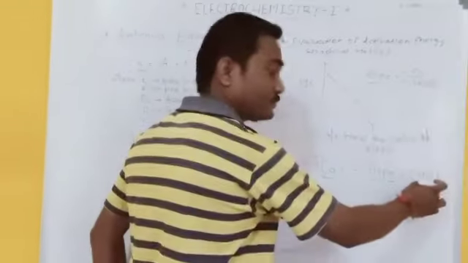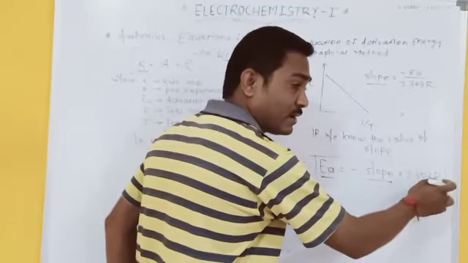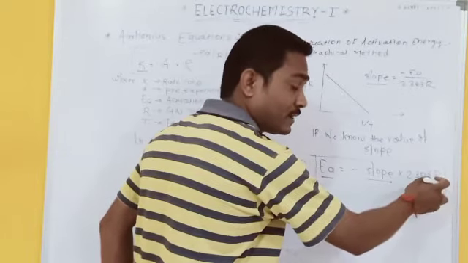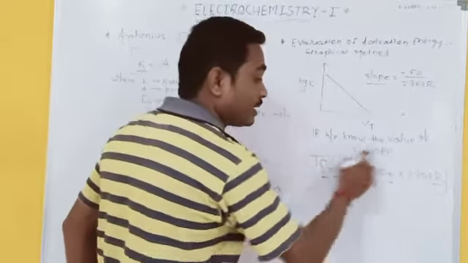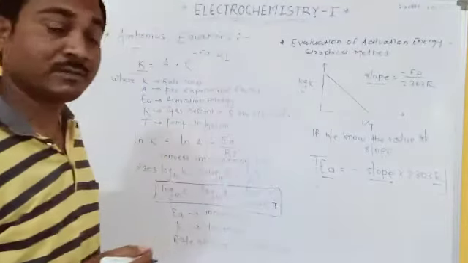This value is equal to 8.314 joule per Kelvin per mole. It is a constant value. If we know the value of slope, we can calculate the value of activation energy.